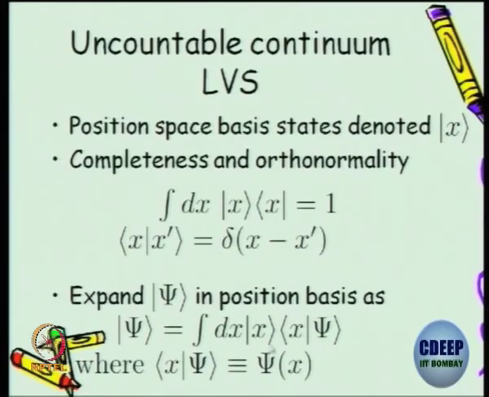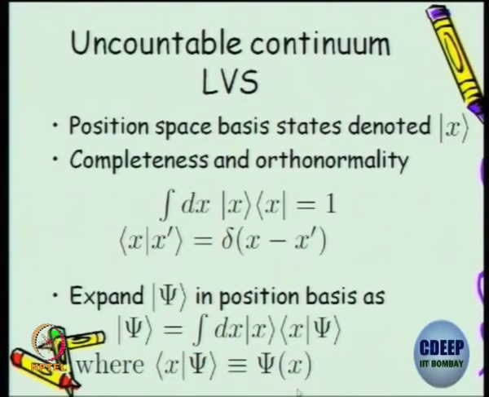What will we call this? This inner product. It is the probability amplitude for an arbitrary state psi to be at a specific position x. This probability amplitude in the position basis is what you all study as wave functions.